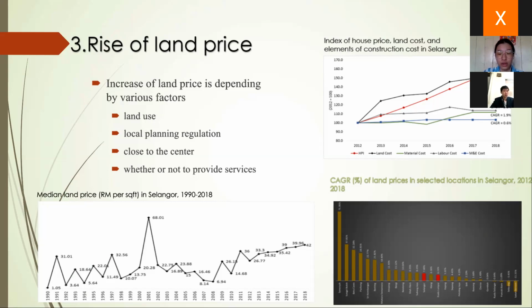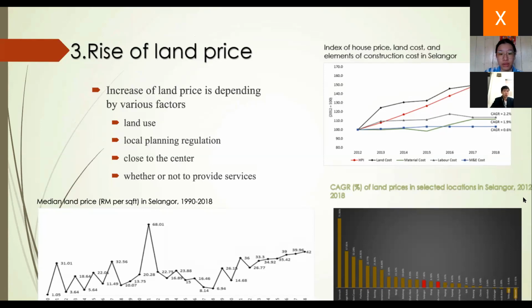And as you can see also in the index of house price, the CAGR of the land price is the highest, which is 7.8%. It can be observed that house and land prices tend to change at the same time, and in this sense, land price can be considered an important contributor to house prices.